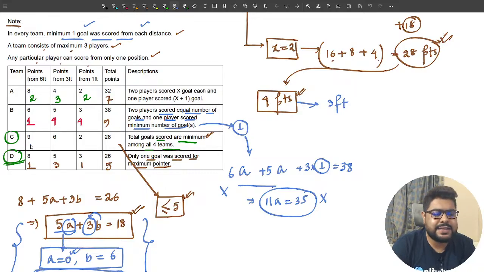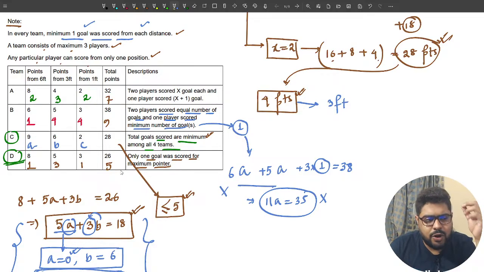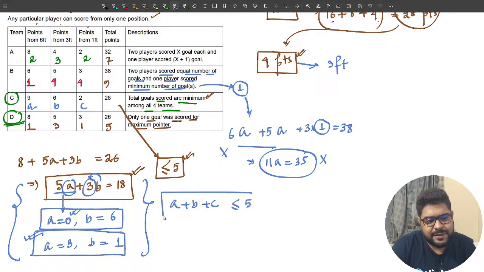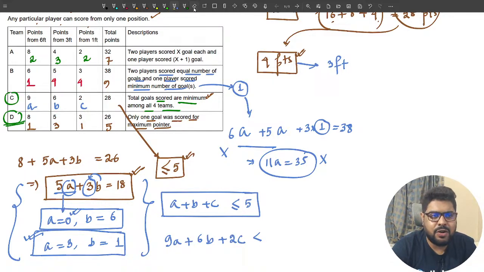Chalo, now let's check, sir. A here, B here, C here, because I do not know anything. So first in the equation, A plus B plus C is less than or equal to 5. Then 9 into A plus 6 into B plus 2 into C is equal to 28.